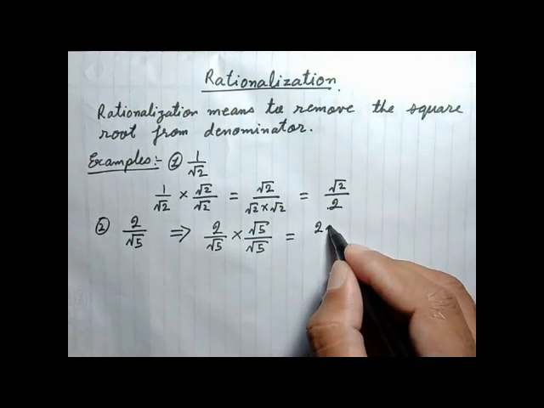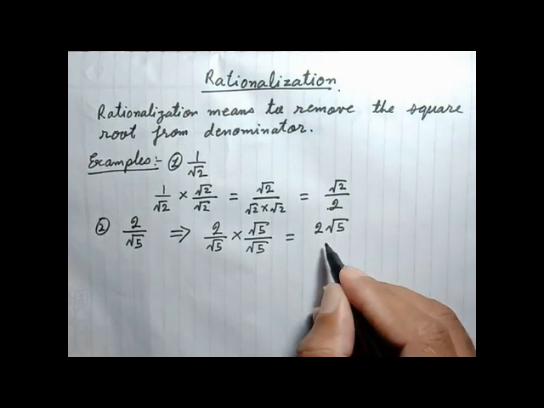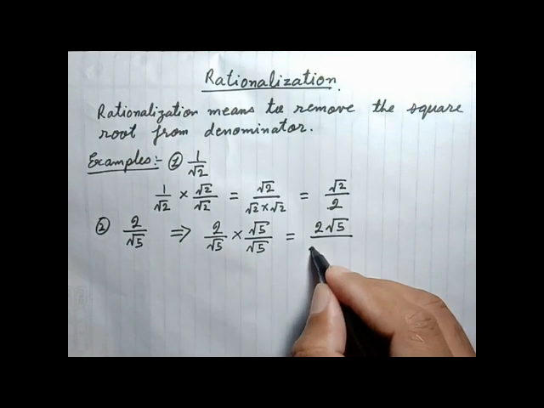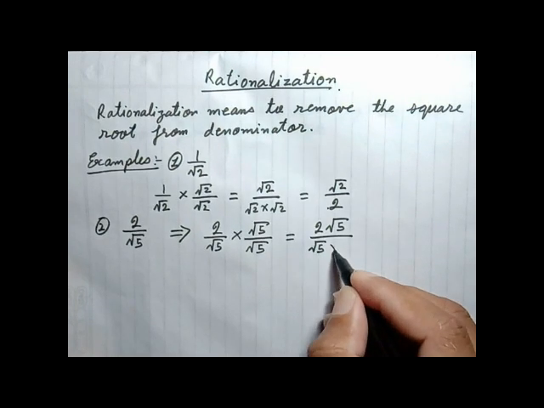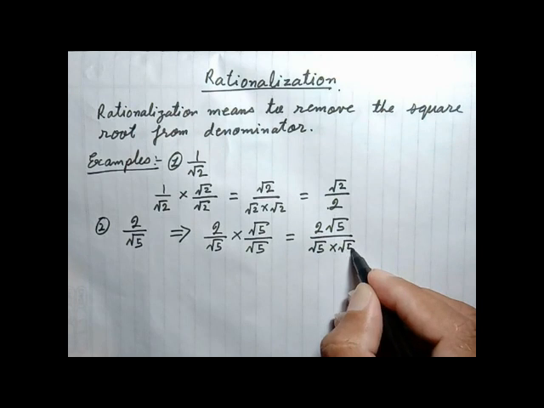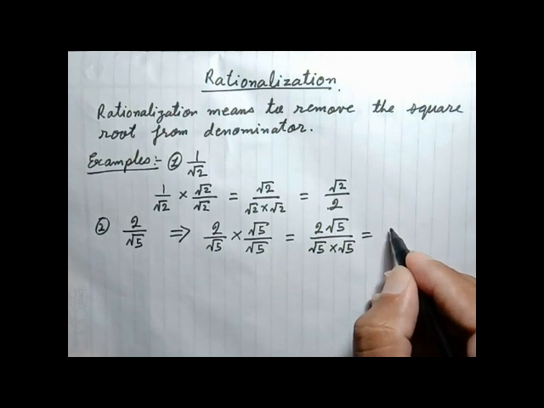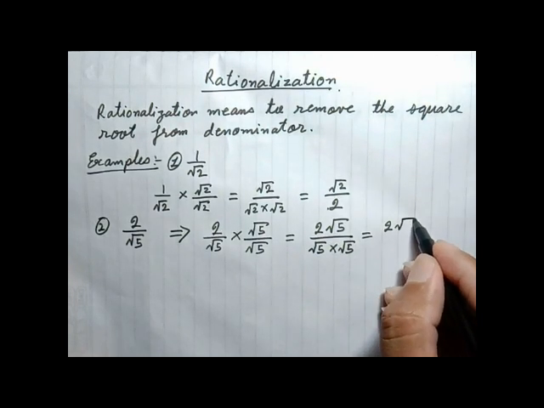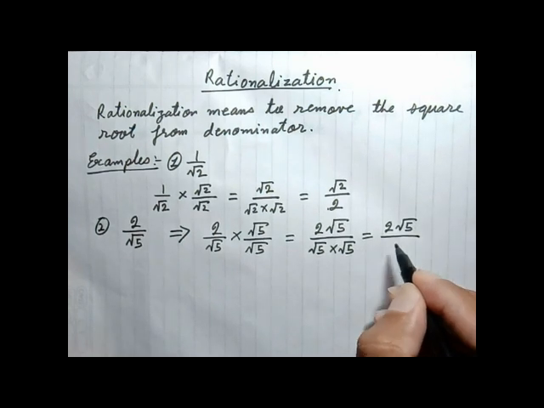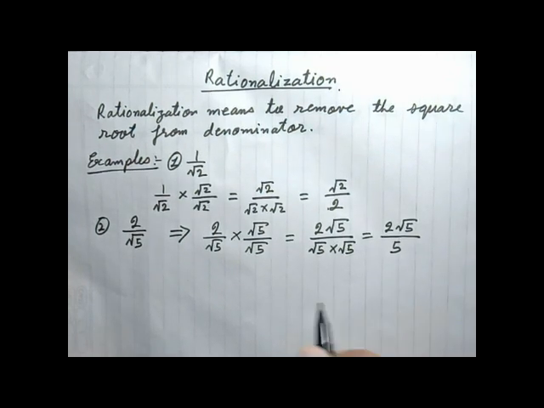So that will be equal to 2 under root 5 upon under root 5 into under root 5, and that will be equal to 2 root 5 upon 5. So this is our answer.